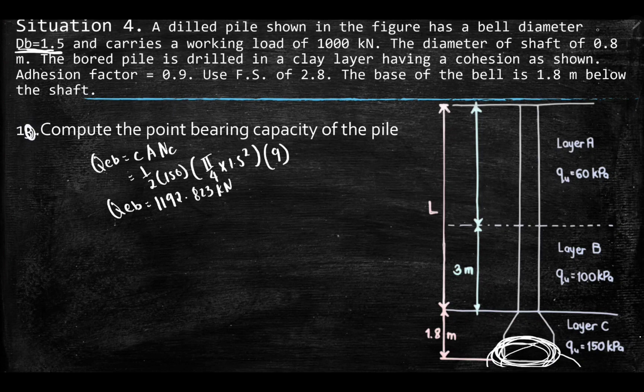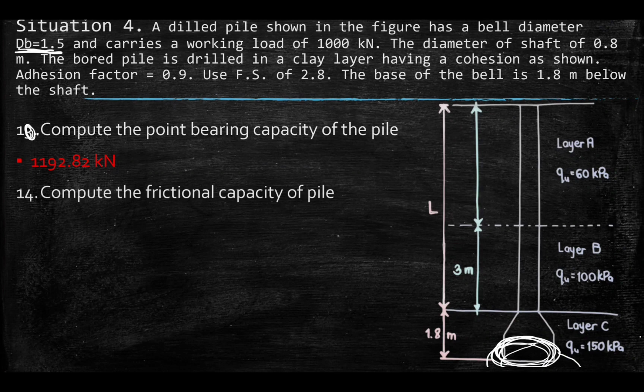Okay? So for our question number 11, compute the frictional capacity of the pile. So when we talk about the frictional capacity of the pile, yan na yung QSF ulit. Again, since walang binigay na adhesion factor, but there is an easy way, kailangan lang natin i-maximize yung ating mga given.